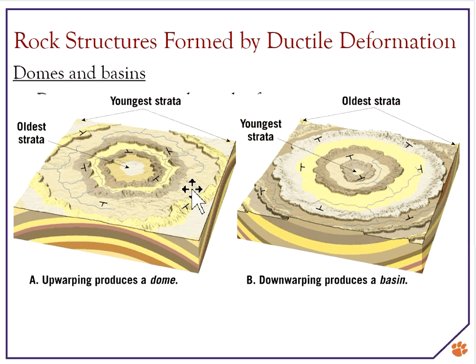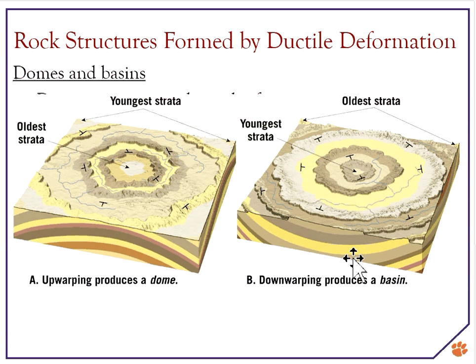When this structure is eroded, the central part is going to show the oldest material, and we will have the youngest stuff on the sides. So the center part of a dome is going to be the oldest layer, and the edges going out towards the outer edge of the circle are going to be the younger material.